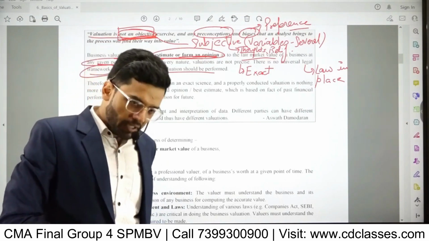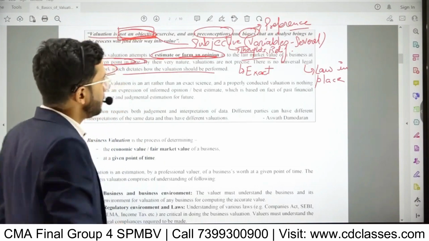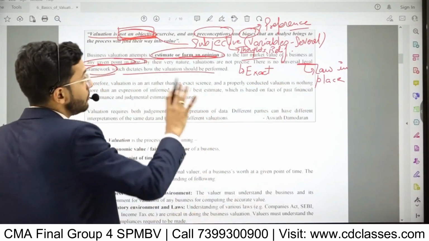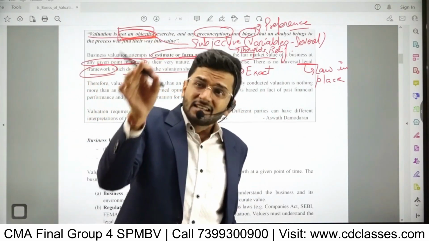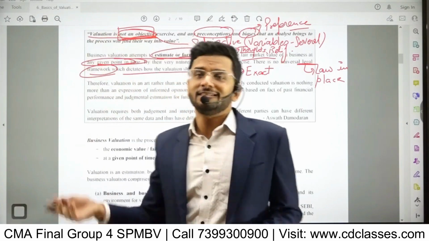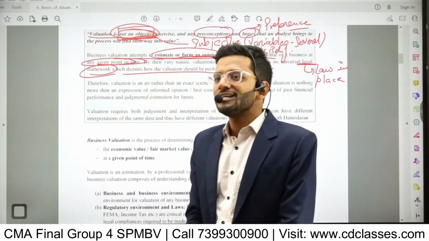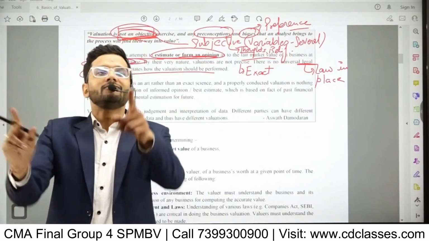Those standards are followed in India also, and we have a fair bit of those standards in our syllabus as well. But there is no legal framework, there is no law, there's no act which is formed which will tell us this is the way in which valuation needs to be done. The reason why law is not there is that this valuation subject is subjective and not objective. Law is always made in a situation where we have a clear-cut point of view that this is right and this is wrong.